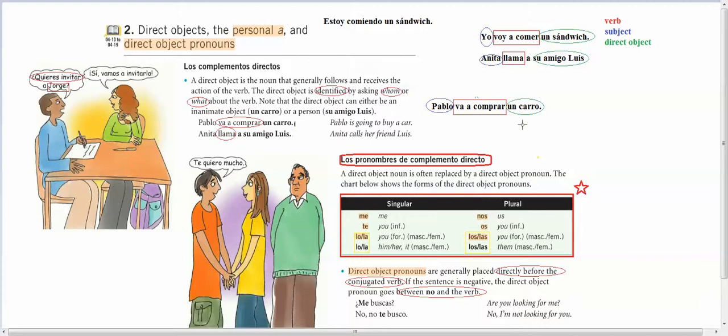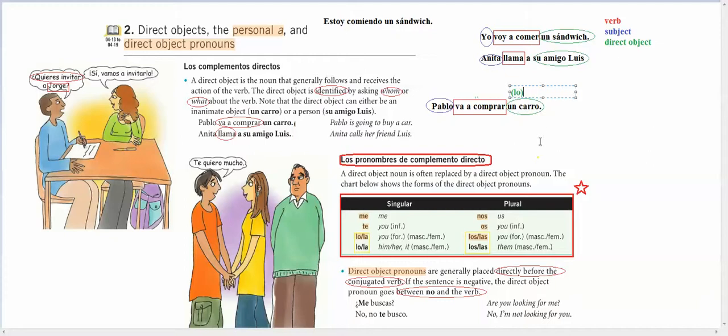Well, carro is a masculine singular word. So for it, I have lo and la as a choice. I'm going to pick the it that matches the gender of the noun which I'm replacing. The one that I'm going to want to use is lo because carro is masculine and singular. So I'm going to replace it with lo.